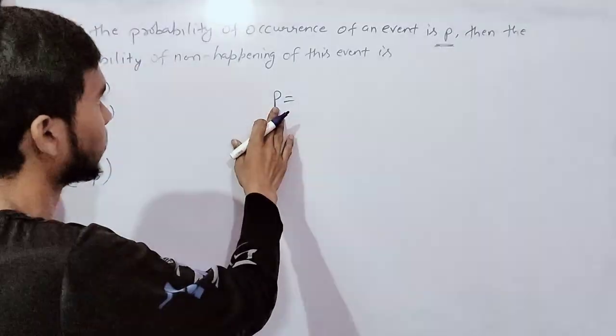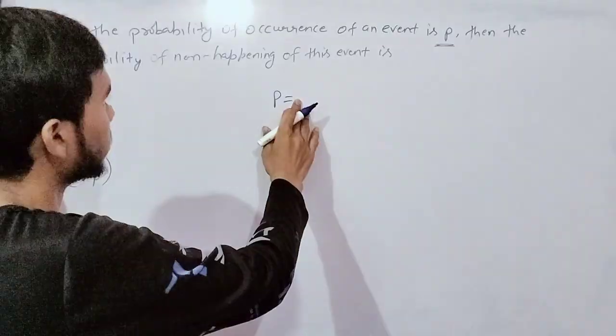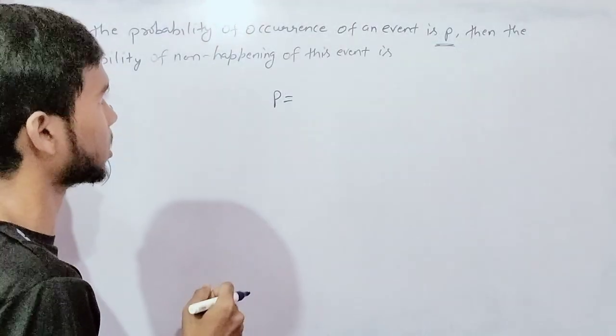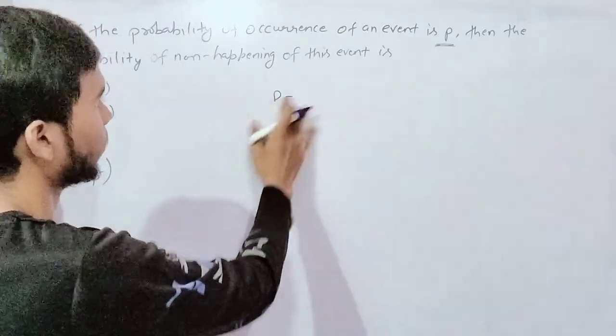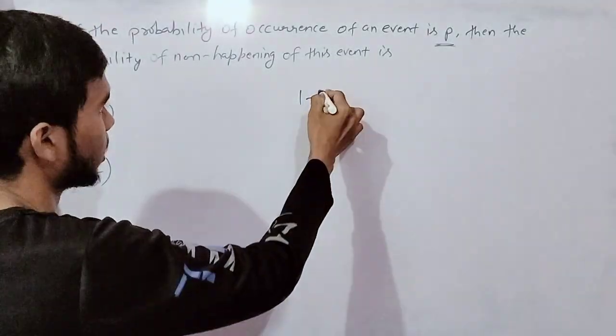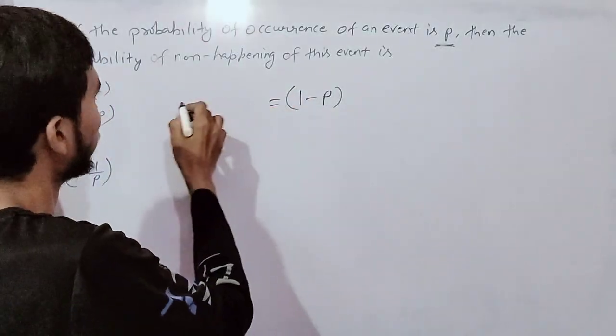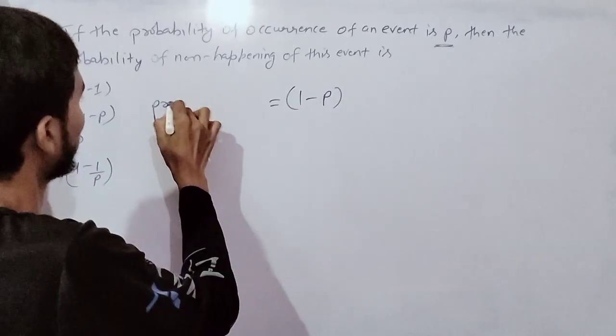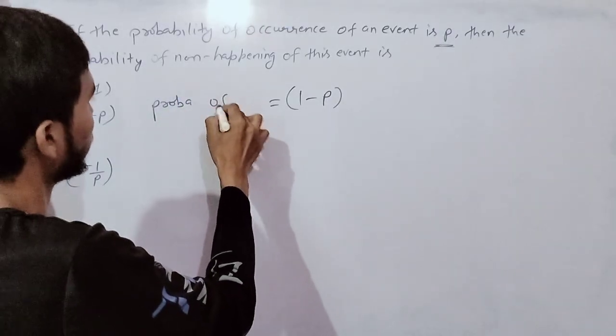So if the probability of occurrence of an event is given as p, when we subtract this, 1 minus p, we will get the probability of the event not happening.